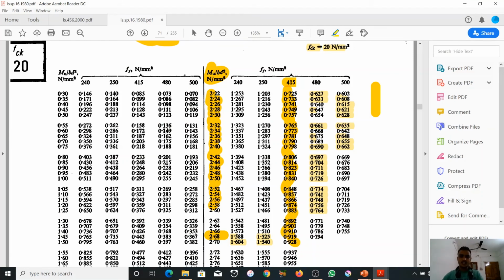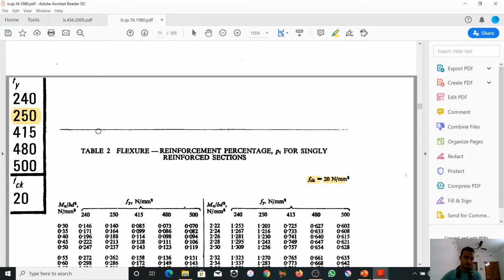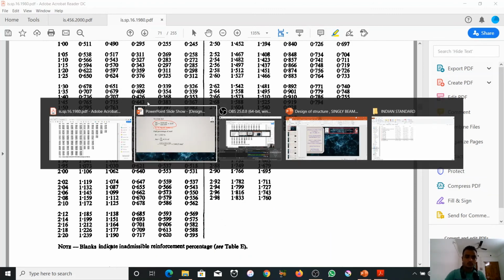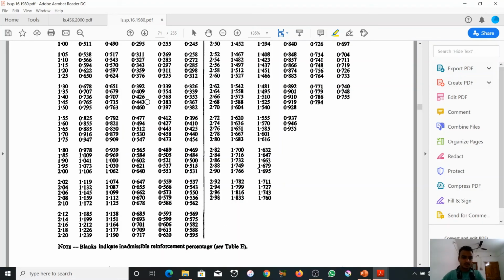The same values are here. Fy is 250. So let's check Mu upon B D square, which is 3.37.